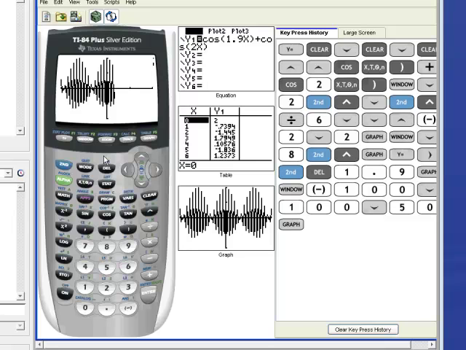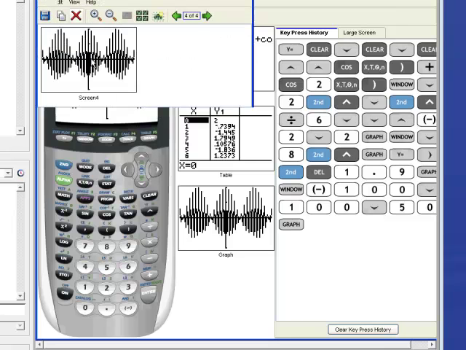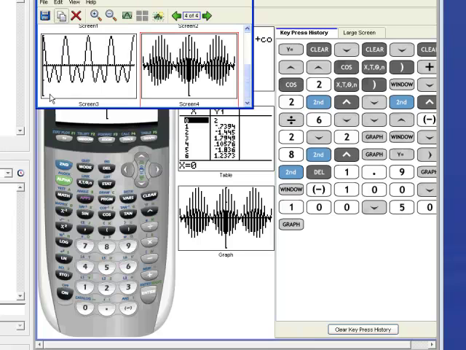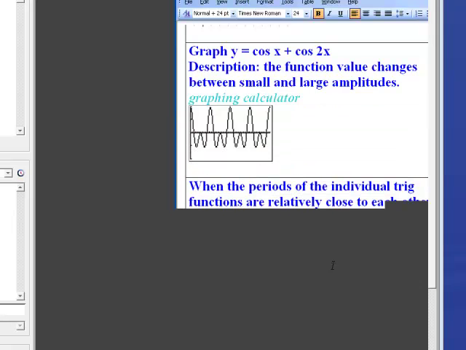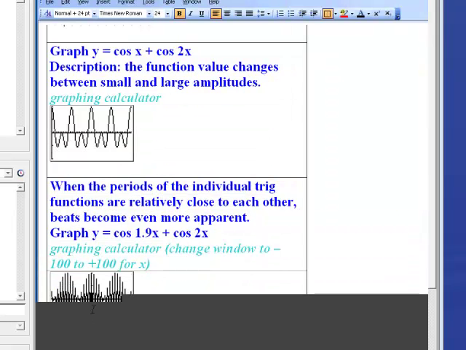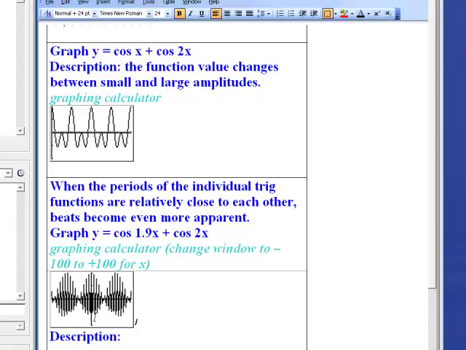If this was played as a musical note, let me copy this one here. If this was played as a musical note, then what we would hear is a large amplitude, so it would be loud, and then a small amplitude, so it would be quiet, and then loud, and then quiet, and so on.